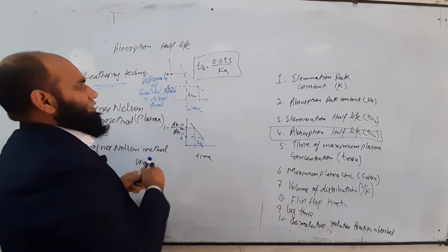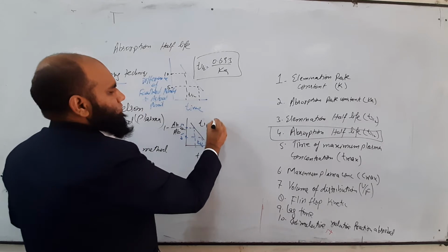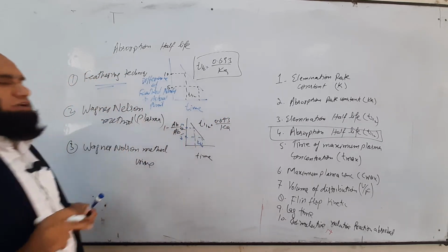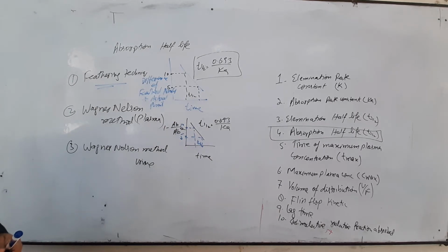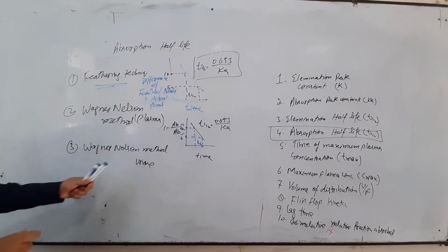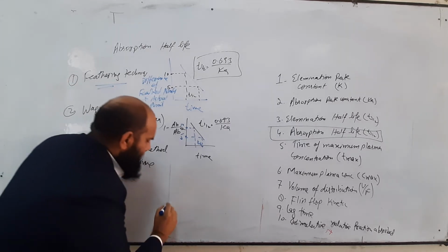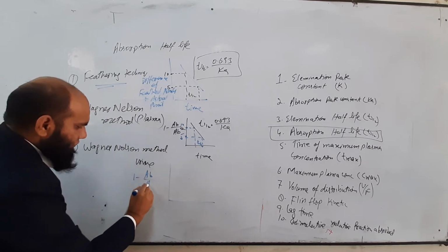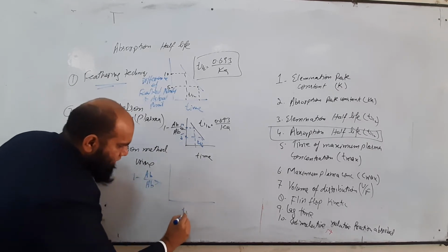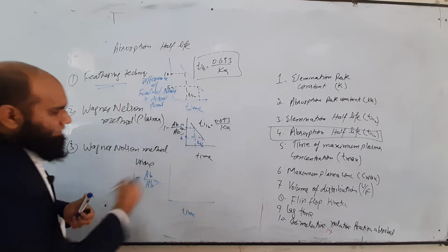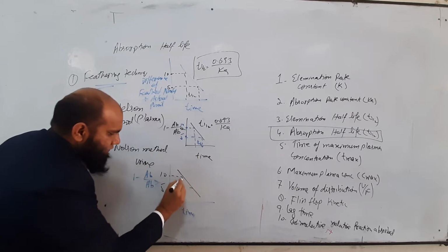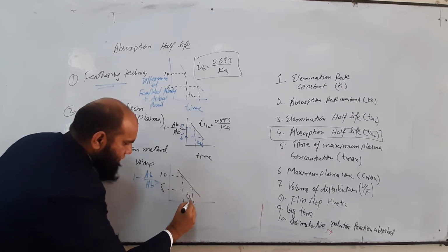Another way is T half is 0.693 over Ka, which is calculated from the Wagner-Nelson method when we have obtained the data from the plasma. Okay, third one, the Wagner-Nelson method once again, and having the urine data. Once again, the formula is the same, 1 minus AB over AB infinity versus time, and this straight line. Once again, we will take the 2 points, one is 5, one is 10, and the difference of this is T half.